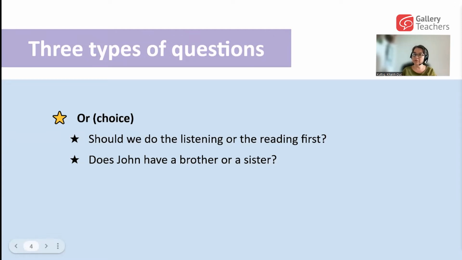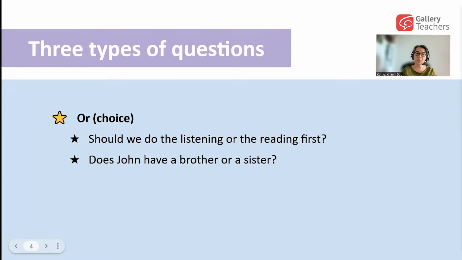Your learners, your students have to answer with one of those two choices. If you've done a reading or a listening comprehension task, you could have a question like this: does John have a brother or a sister? And here your learner again is quite constrained with what they could answer. The choices are there for them already to choose from.